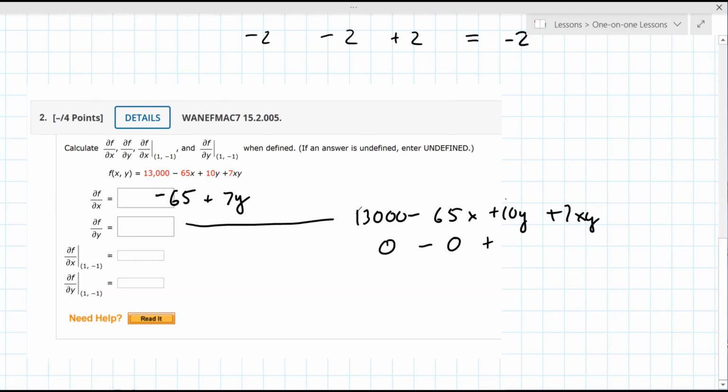The derivative with respect to y here is just 10, because there's no x's, but you take the derivative with respect to y, and then here the derivative of y by itself, like you look at y by itself, derivative of y is 1. Well, this other stuff just comes with it, so it's 10 plus 7x.